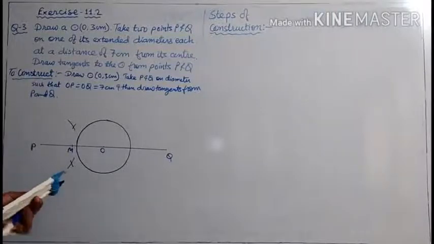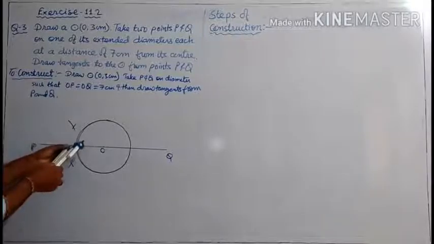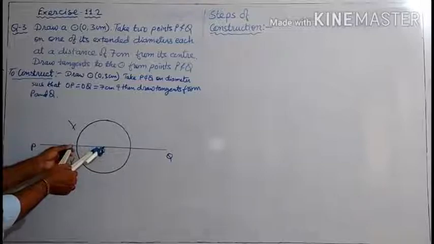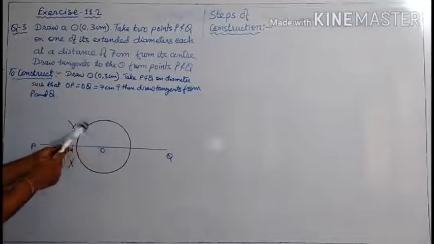Now taking this point as a center and the radius equal to OM or PM, we can get the circle.